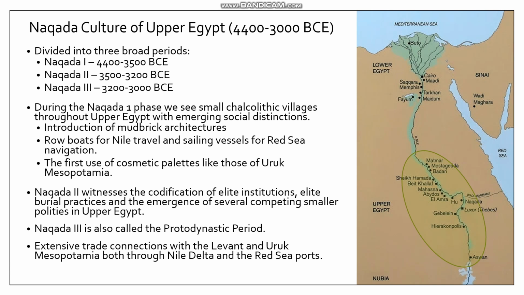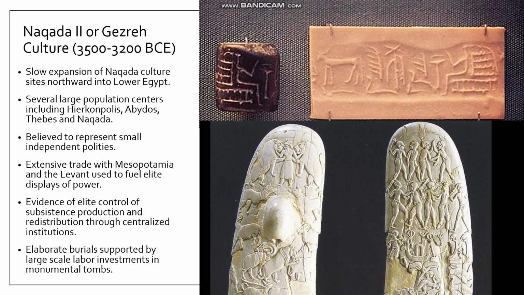And what we see is several of these small competing polities, like Hierakonpolis, Naqada, and Abydos, all competing for power within this sphere. And then it's all put together in what is called the Proto-Dynastic or Naqada III period. But we're going to focus most of today's class on the Naqada II, or the Gerzean culture.